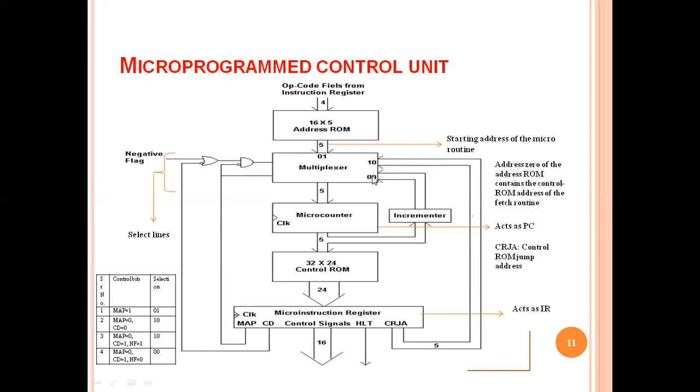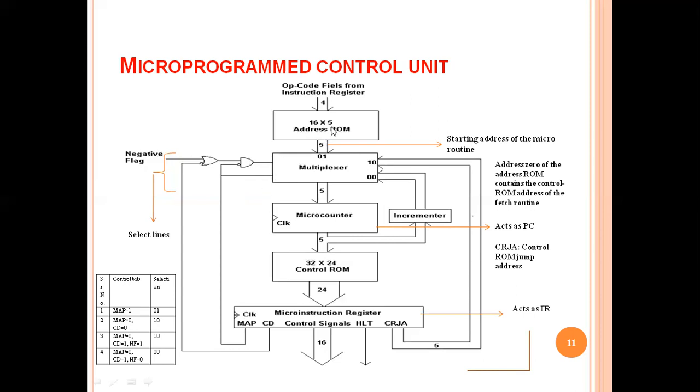This condition actually happens in the case of jump on negative. So here in the table, there are 4 conditions, because there are 2 lines, we can generate 4 conditions. 2 to the power 2 is equal to 4. So when map is equal to 1, you know the select is 0 1. 0 1 means when map is 1, I have already told, it has to go to the address which is generated from the opcode instruction, that means the decoding of the opcode.